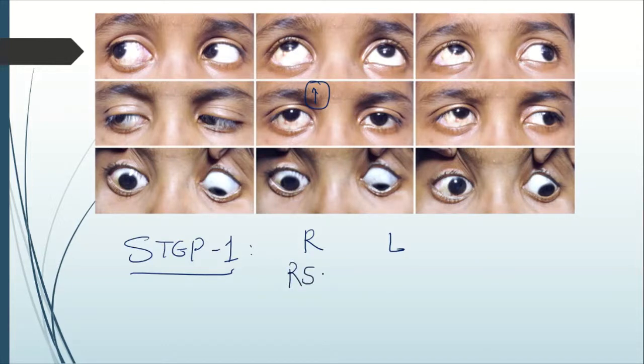Right superior oblique and right inferior rectus. Whereas for my left eye, the elevators are abnormal, right? So what could that be? Left inferior oblique, left superior rectus. These are the 4 possible muscles, right?